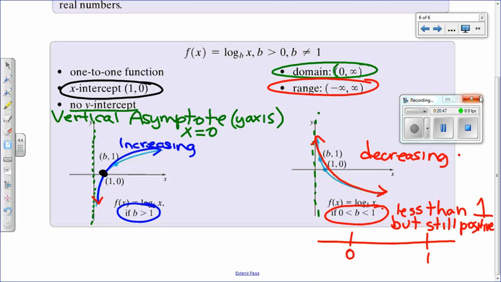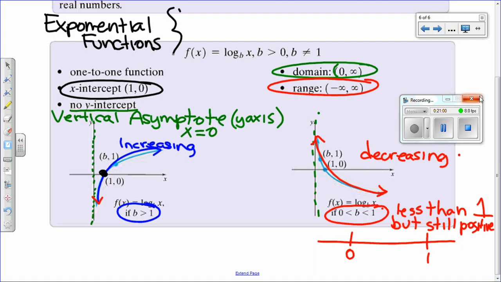Now, it's important to mention, just to recap everything, that when we talk about exponential functions, the domain for those was all real numbers, and the range was from 0 to infinity.